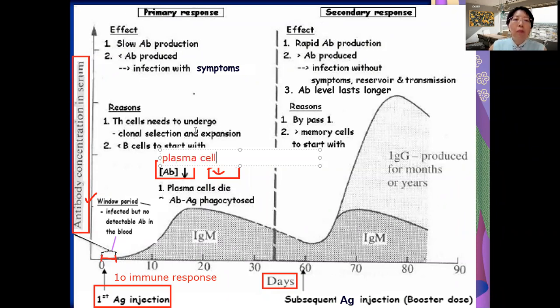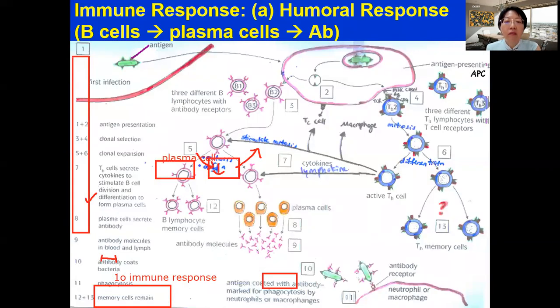And the output, who will remove the antibody away? Okay, you look at this chart and tell me, who will remove the antibody away?